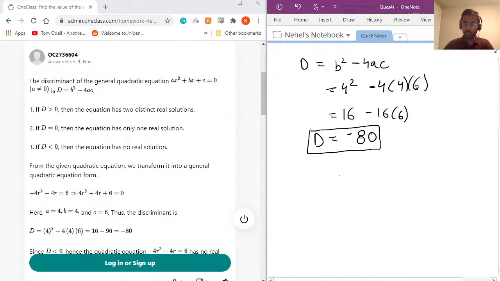Now, in order to identify the nature of the roots, we need to know 3 properties of the discriminant. First, if the discriminant is greater than 0, the quadratic equation has 2 distinct real roots.